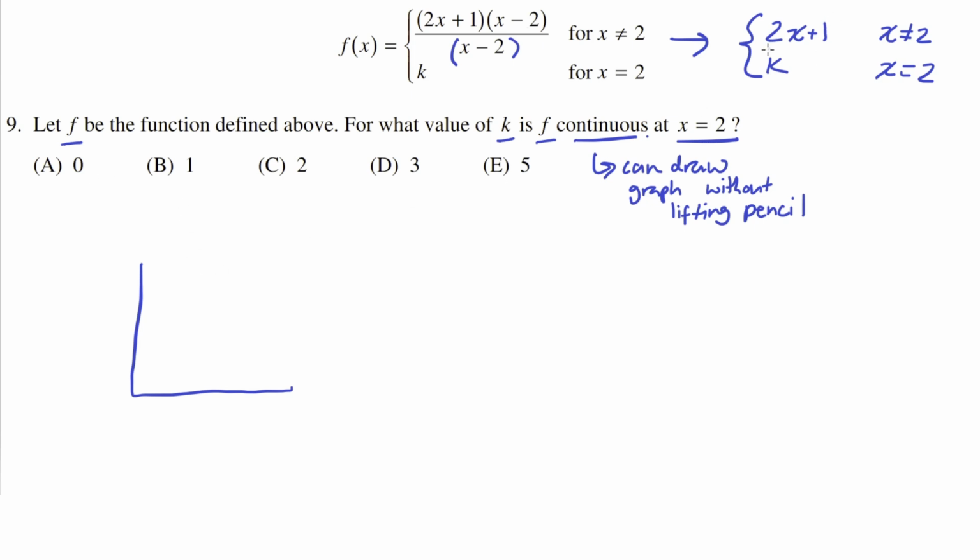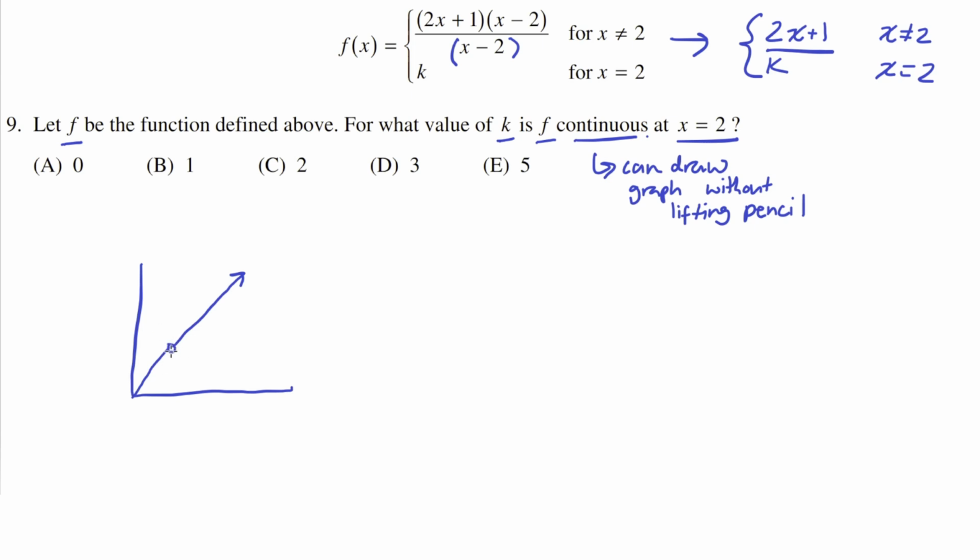So this just becomes a straight line. But there's a hole at an x value of 2, because when we plug in x equals 2, it cancels out in the numerator and the denominator. But otherwise, this function is just a line, but it has a hole here.